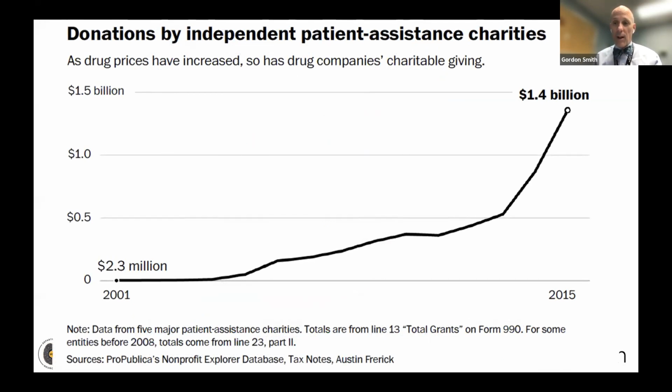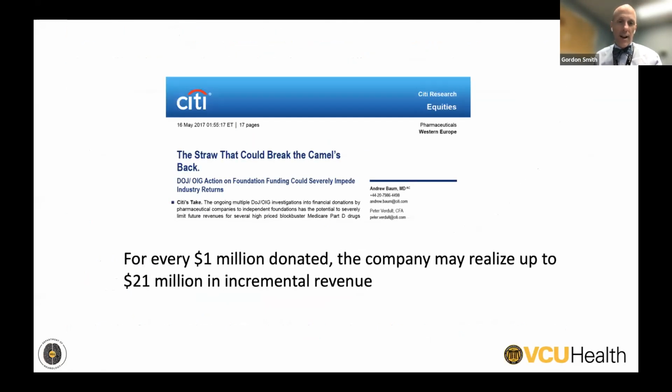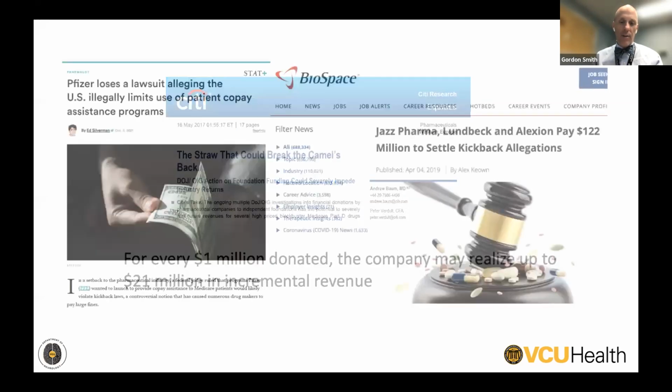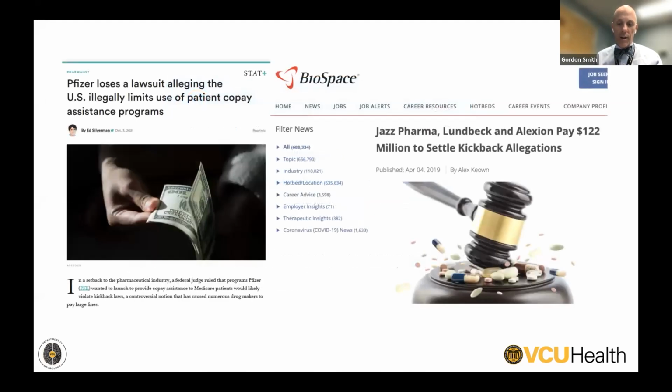In 2015, almost $1.5 billion went into these sorts of charities, whereas 15 years earlier, it was only a couple of million. Citigroup did an analysis a number of years ago that suggested for every dollar that went into these charities from a drug company perspective, they could recoup about $21 in incremental revenue. And this has certainly caught regulatory attention.